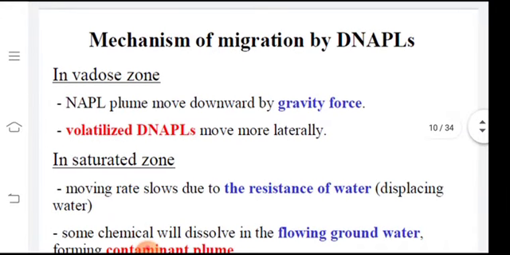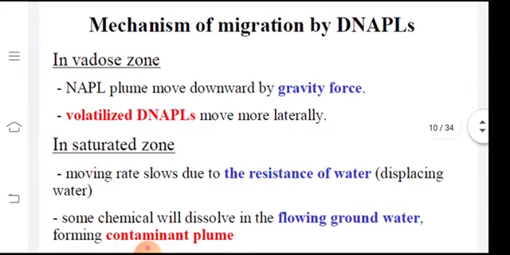So let's talk about the mechanism of migration by the dense non-aqueous phase liquids. First of all, let's revise what DNAPL is. DNAPL is the dense non-aqueous phase liquid. When we say it is dense non-aqueous phase liquid, it means that it has higher density than water.